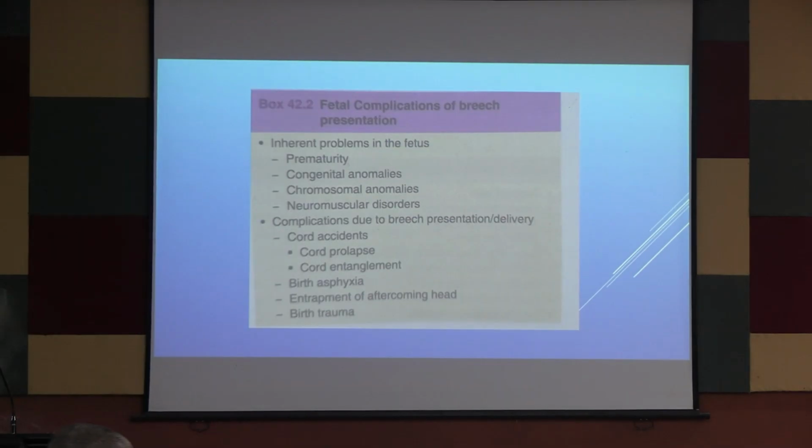Okay. What are the complications in breech presentation? Fetal complication and maternal complication. Fetal complication: inherent problems in the fetus. Number one is prematurity. Due to prematurity, there may be asphyxia during delivery and lung maturation is not complete.